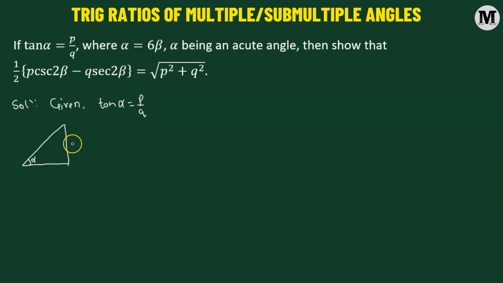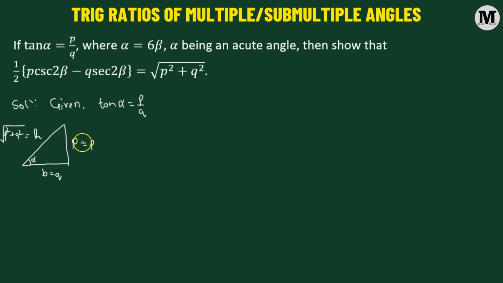Then this is going to be the perpendicular, then we have the base and the hypotenuse. Since tangent alpha is P over Q, we will consider the perpendicular to be P and the base to be Q, which means that our hypotenuse, by using the Pythagoras theorem, must be equal to P squared plus Q squared, and we'll have to take the square root.